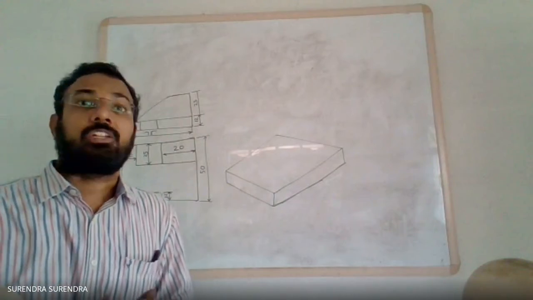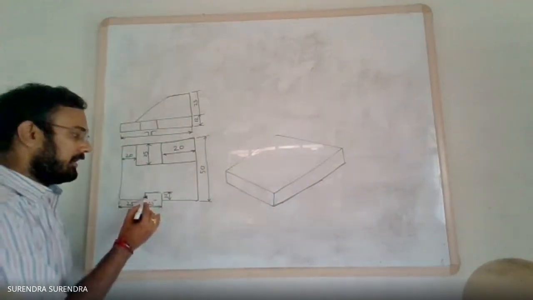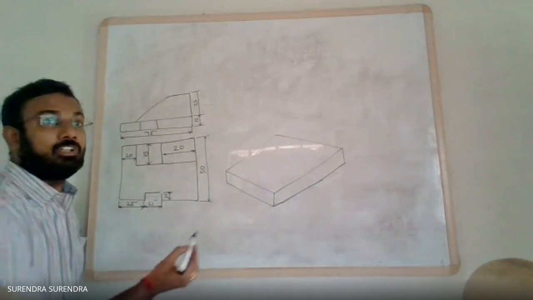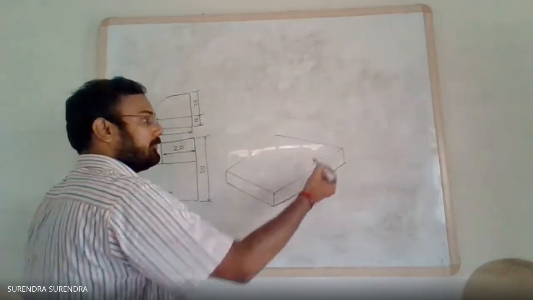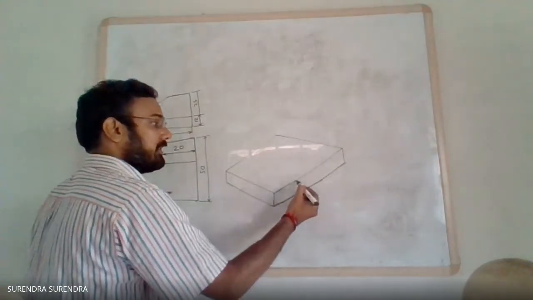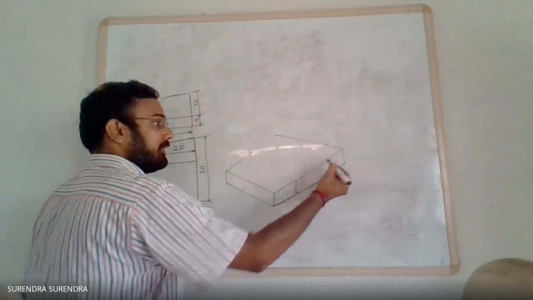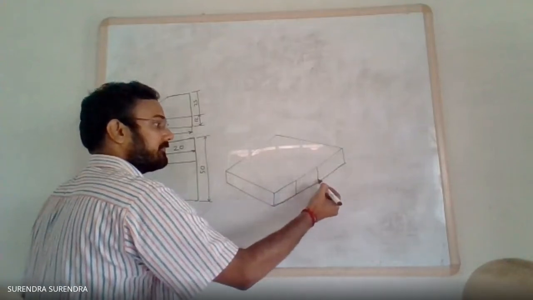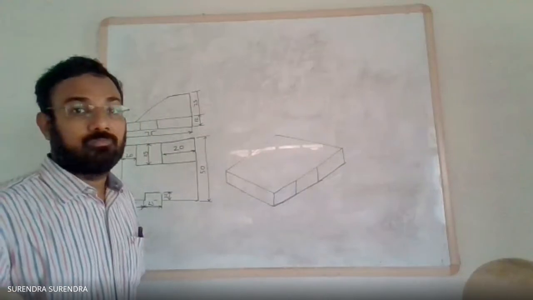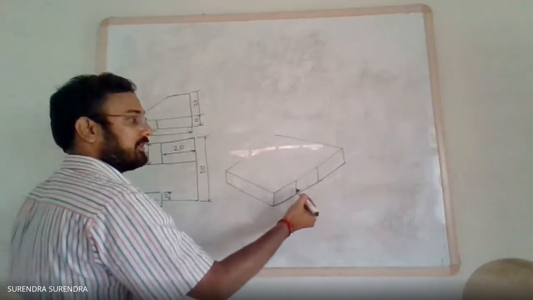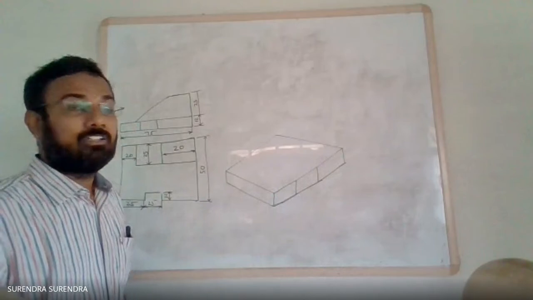Now, it is not a total rectangle here. Here there exists a groove. Out of the total 25 mm width, from here 25 mm and from this end 25 mm. There exists a groove, so the groove width is 25, 25 and 25.